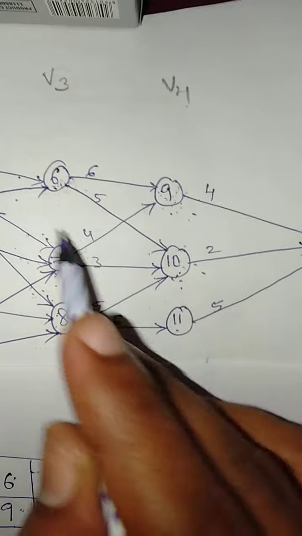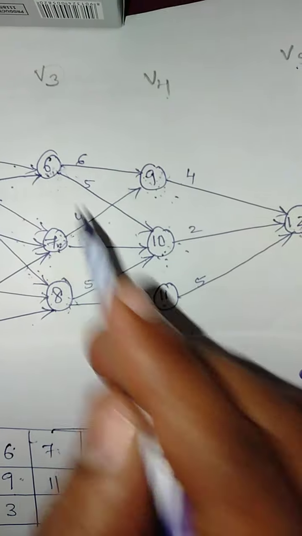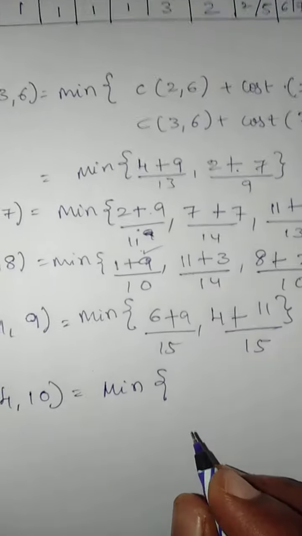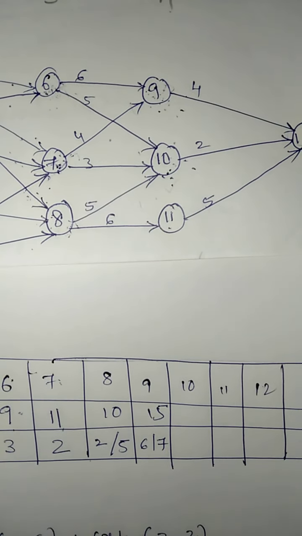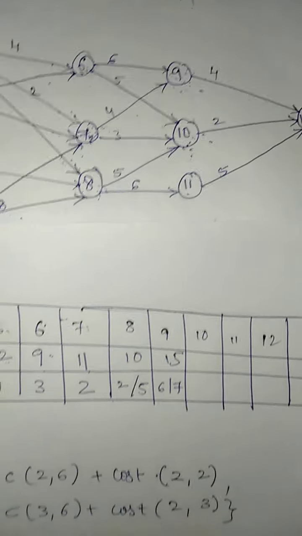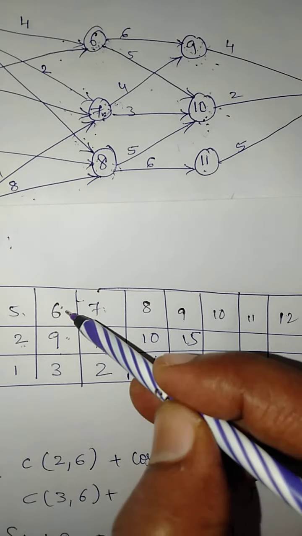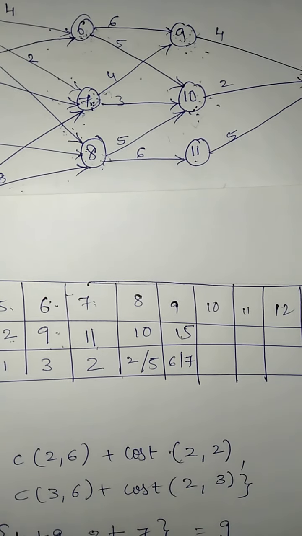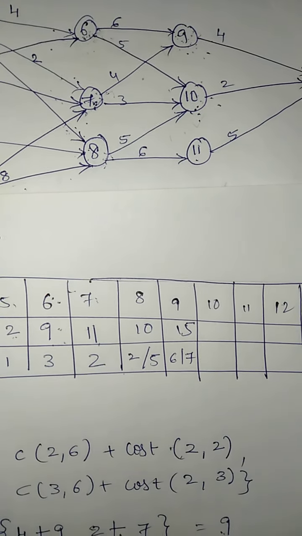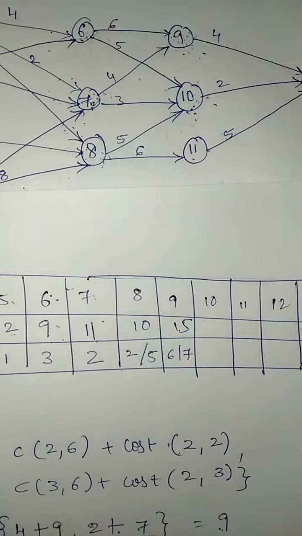For vertex 10 there are 3 incoming edges, that is from 6, 7 and 8. So for 6, the cost from 6 to 10 is 5 plus cost for 6 is 9. Next, cost from 7 to 10 is 3 plus cost for 7 is 11.